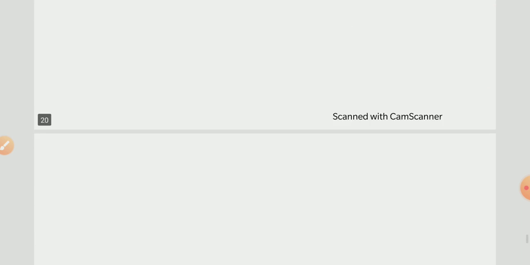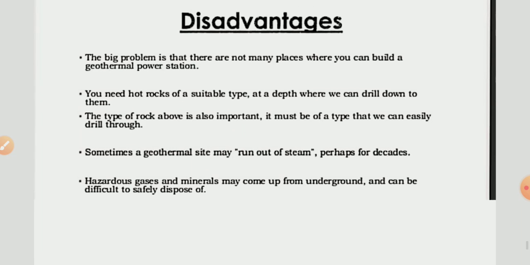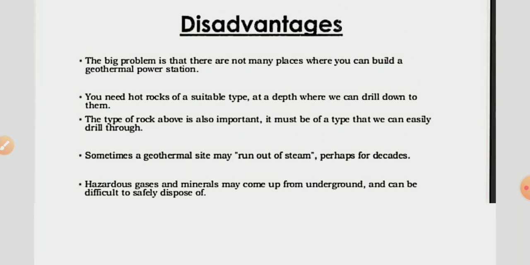Now the disadvantage of this power plant is, the big problem is that there are not many places where you can build a geothermal power plant because they are limited. So we can say that hot spots are very few, so geothermal power plants are limited.